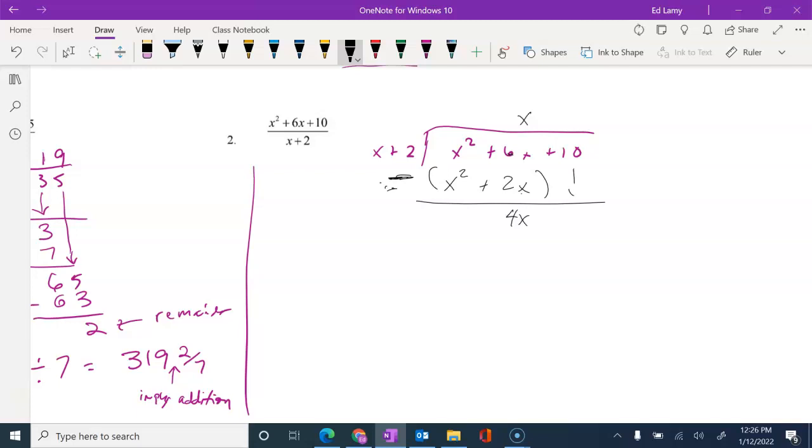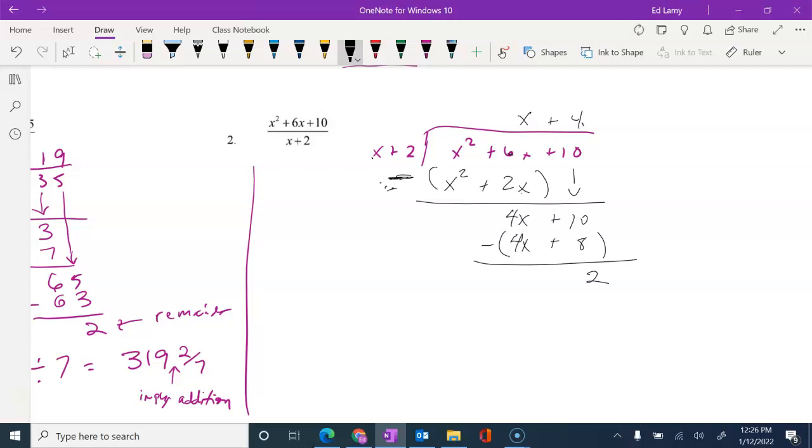Bring down the 10. Then ask yourself, what do you multiply x by to get 4x? And you'd say, 4. 4 times x is 4x. 4 times 2 is 8. And then we subtract. 4x minus 4x is 0. 10 minus 8 is 2.